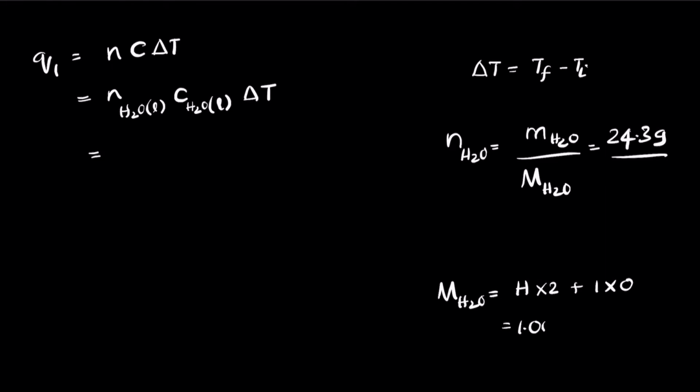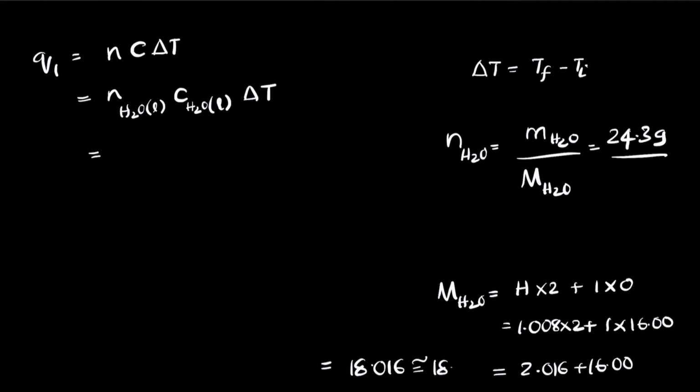So 1.008 times 2 plus 1 times 16.00. So we have 2.016 plus 16.00. So which becomes 18.016, which when you round it off to the significant figures becomes 18.02 gram per mole. So this is going to be 18.02 gram per mole.